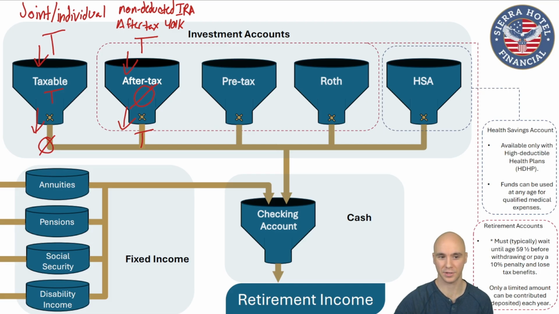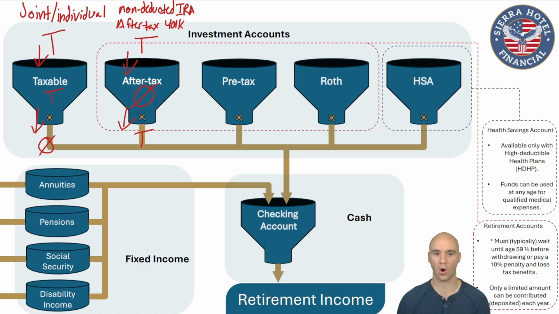So you won't pay taxes on your principal that you put in, but any growth that you pull out, you will pay taxes on. So you could maybe consider this tax advantaged. Again, this is not something that's going to generally come up in most people's plan unless it's being used for a very specific strategy. So more or less, most people can ignore this funnel.